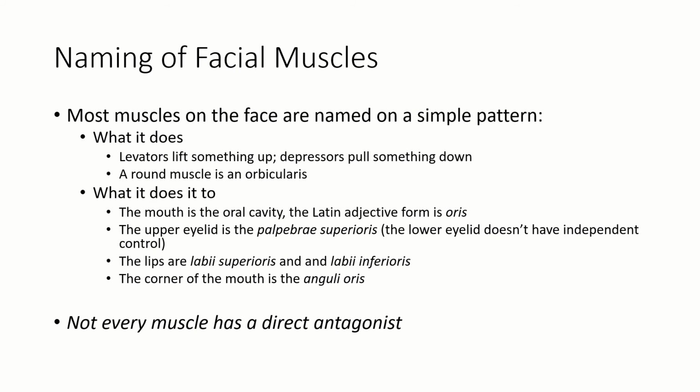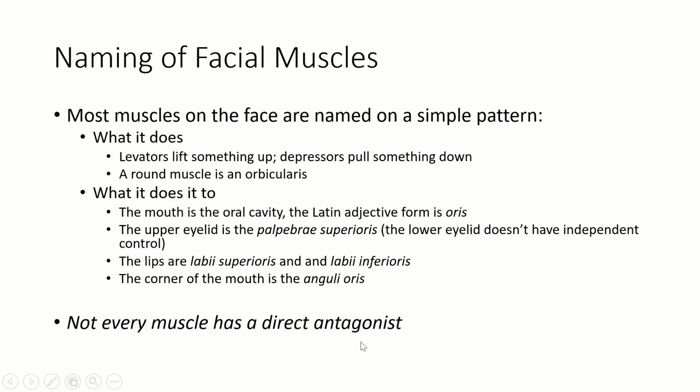There actually isn't, because the lower eyelid doesn't have independent control. The levator palpebrae superioris is going to raise the upper eyelid. There is no depressor palpebrae superioris because when the eye is closed, that eyelid is brought back down by the orbicularis oculi, oculi meaning eye. Okay, so that's what this means.